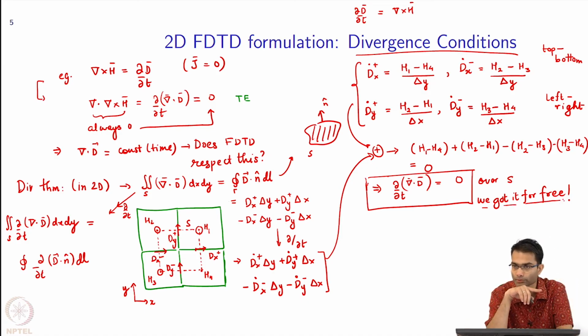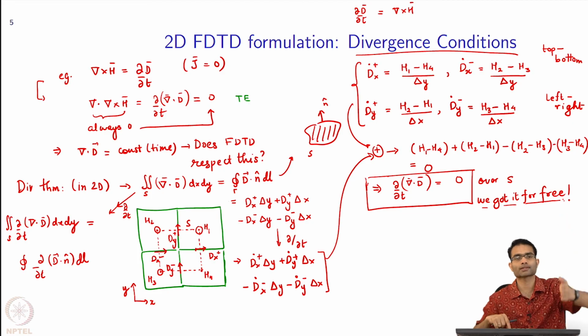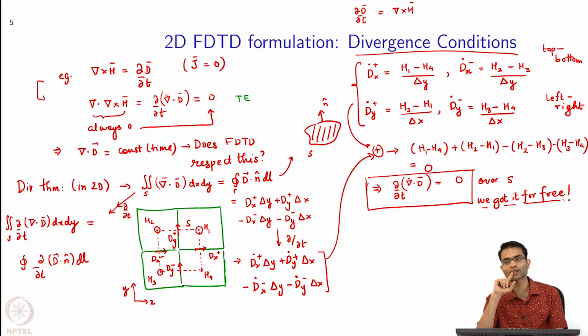For the TM case, how will we prove it? Yeah, because there is only Ez involved. Right. So, there we will have to take our S not in the xy plane, but in, let us say, the zx plane or zy plane or something like that, right. But that again won't help me very much, because my E will be along the n hat, I mean sorry, perpendicular to n hat.